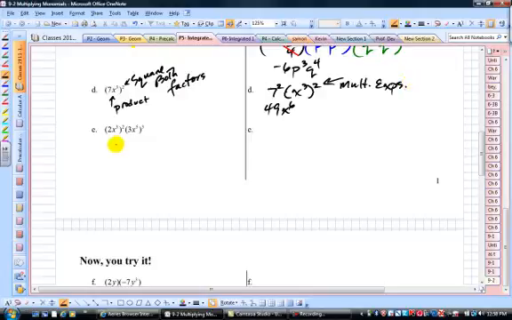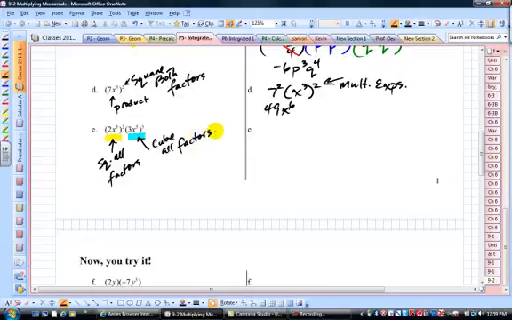Okay, now this one here, we've got to handle the first term, and then we've got to handle the second term. We've got to square the first monomial and then cube the next one. So we have two different things we've got to do here. Here we square all factors, and then here you cube all factors.